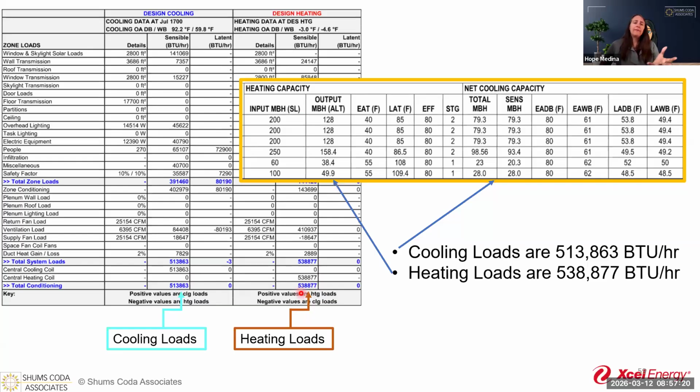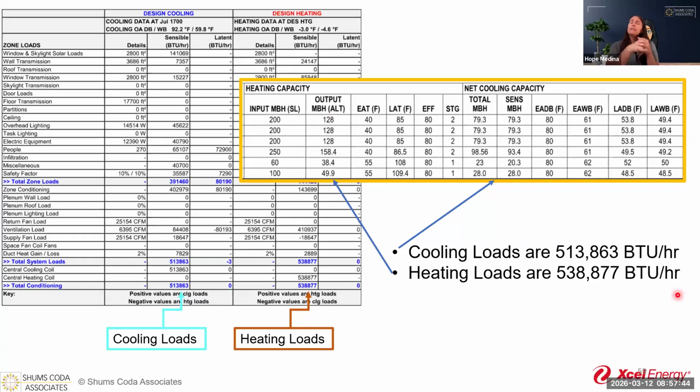So for the total of this, if we added all this up, which I can't do really quickly, I can tell you that you are over your heating loads for what is shown here. So all of the output equipment does exceed this number.